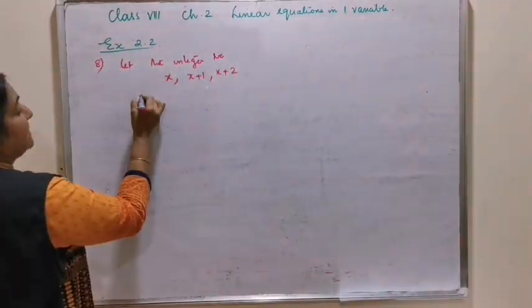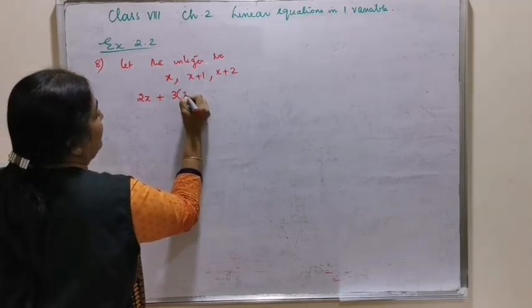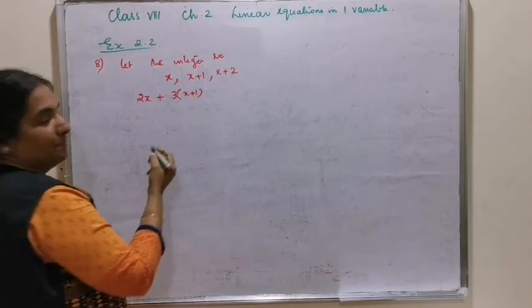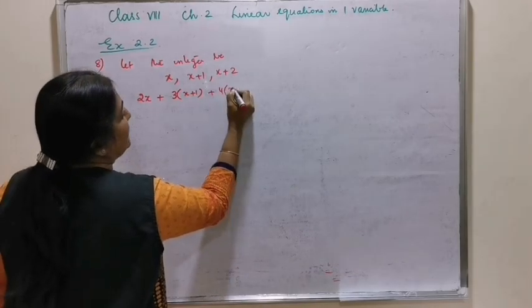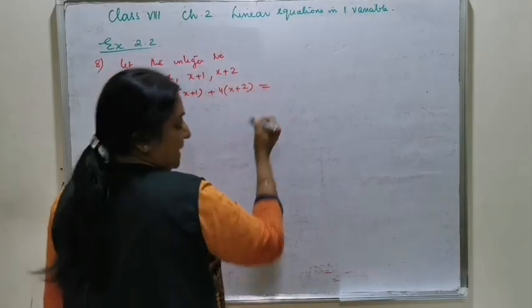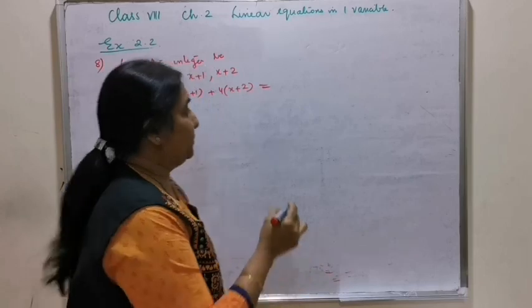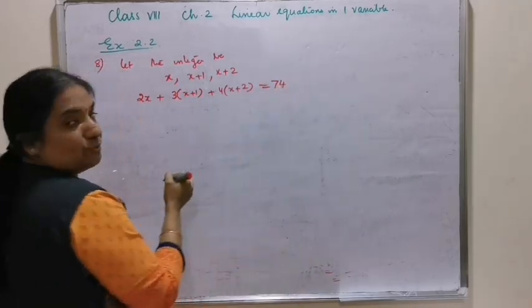So, the first number when multiplied by 2, second number when multiplied by 3, and the third number multiplied by 4, and after adding, the total is found to be 74.